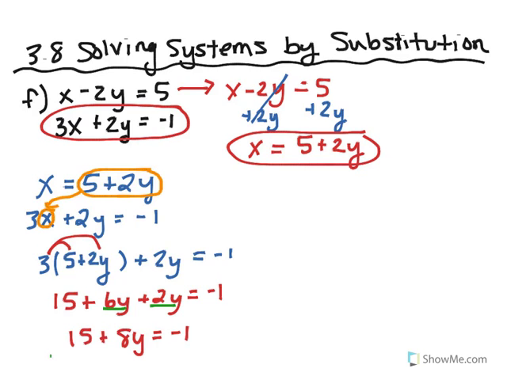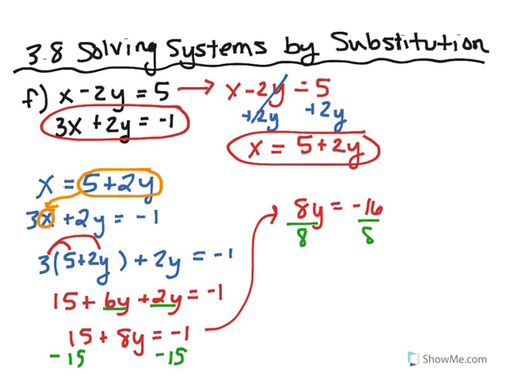I'm going to now start solving for y, so I'm going to subtract 15 on both sides. I'm going to get 8y equals negative 16. And then I'm going to divide by 8 on both sides, and I'm going to get that y equals negative 2. Well, remember, when I'm solving a system, I need an ordered pair x comma y.